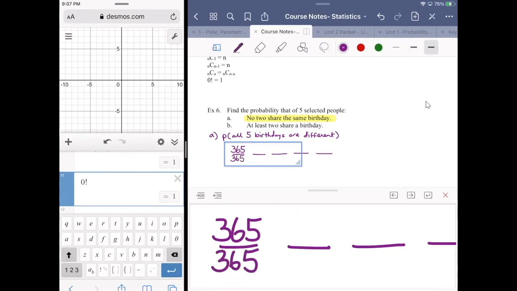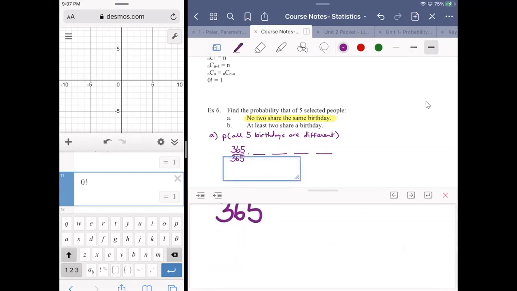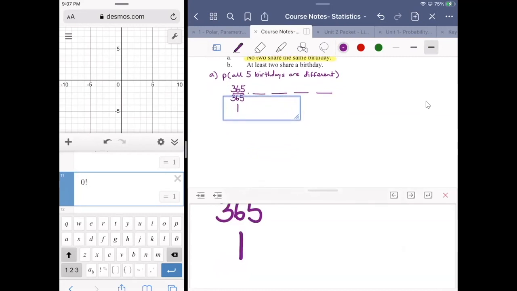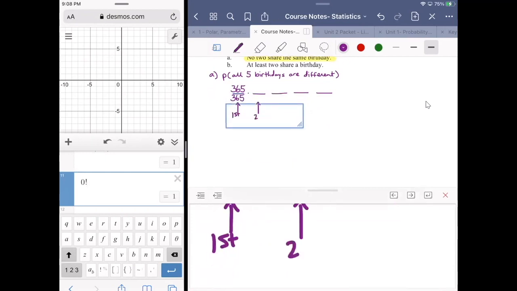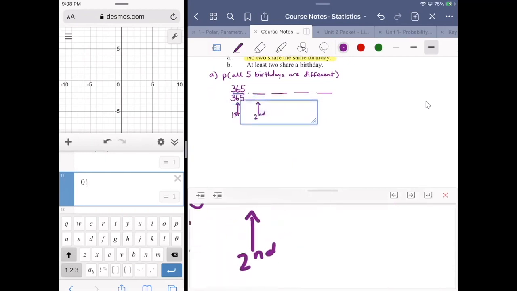The second person has the burden of not being born on the same day as the first person. So we have, again, this is the first person. This will be my second. And third, fourth, fifth, and so on. Right? So the second person, if they're born on the same day as the first person, then we fail.